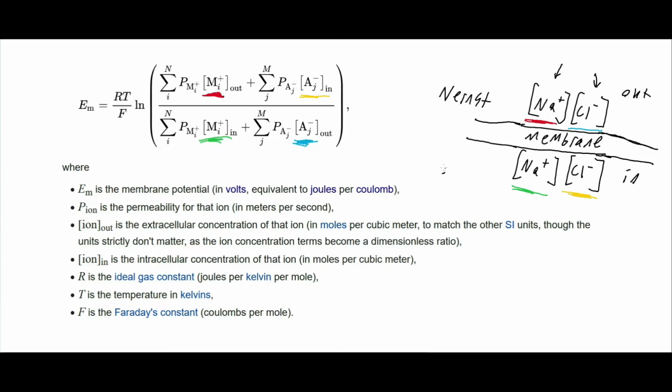And so yeah, one of the other things to notice is that this is affected by temperature. And so, obviously when we're working in the body, we'll be working with temperatures that are body temperature, which is 98.6 degrees Fahrenheit or 37 degrees Celsius, which, so what would that be, Kelvin?